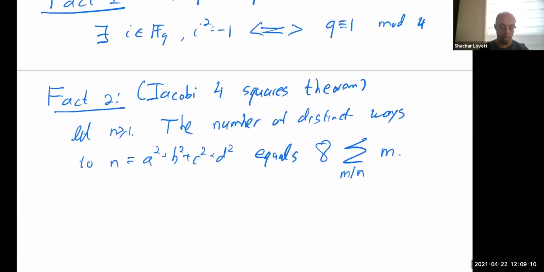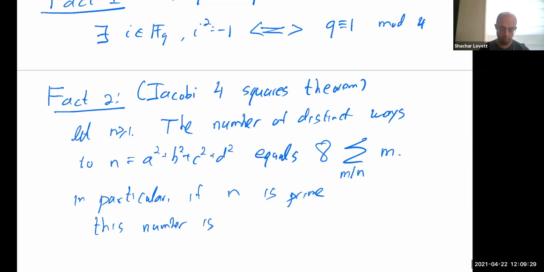And in particular, what we'll need: if n is prime, so it has only 2 divisors, 1 and itself, then this number is 8 times (n plus 1). That's going to be another fact we're going to use without proof. Well, in fact, we won't prove anything here.